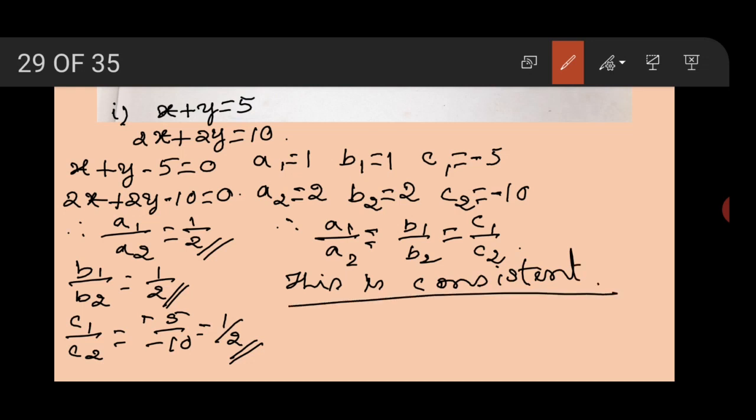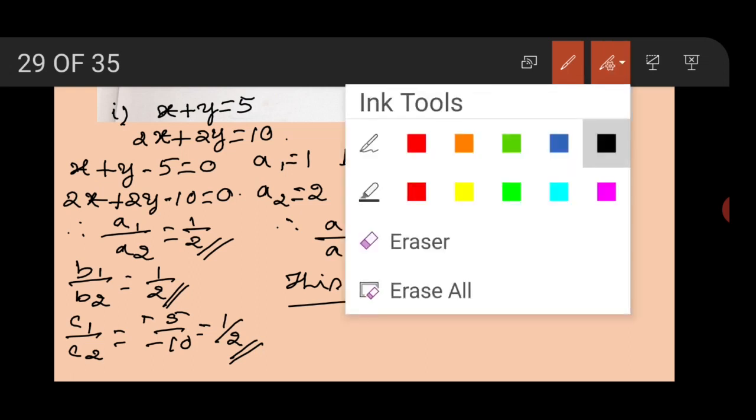Then further he asked here, if consistent, obtain solutions graphically. So we have to find the solution by using the graphical method. Can you find the solution using the graphical method? Okay, I will solve one problem only, then later you should find the other remaining problems also. Okay, yes.